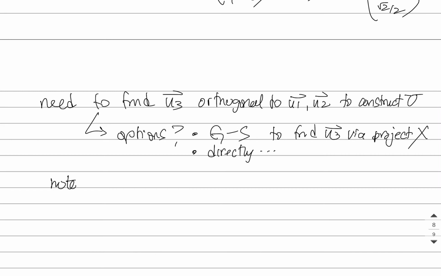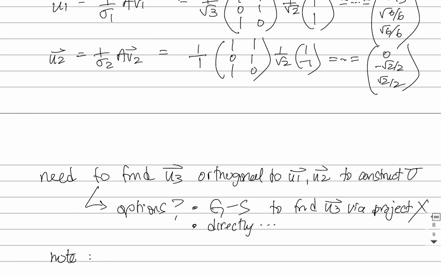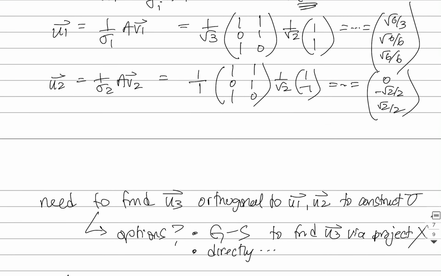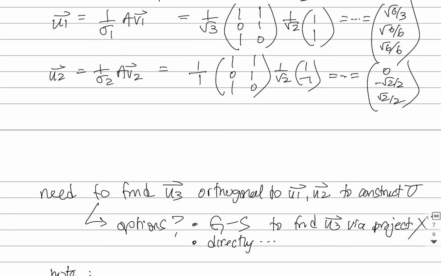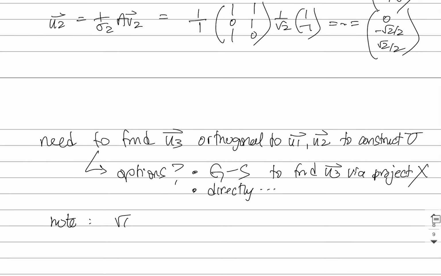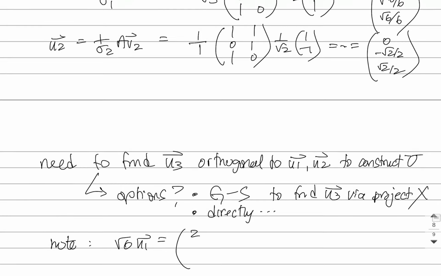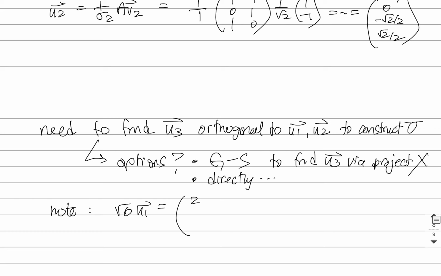Now note, if we take these vectors here, U1 has this factor of root 6 everywhere. So if I were to multiply everything in U1 by root 6, I'd get something that looks a lot easier. It's going to be 2, 1, 1.